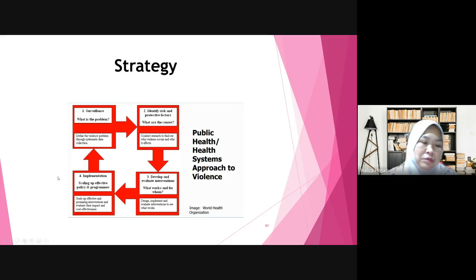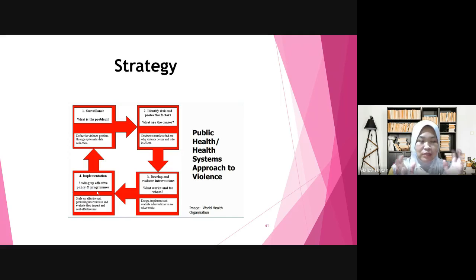Okay, and then the implementation: scaling up effective policy and programs. Scale up effective and promising interventions and evaluate the impact and the cost effectiveness. So they will look not just at the impact but also the cost, because, for example, domestic violence or rape cases, unwanted pregnancy, abortion among teenagers.